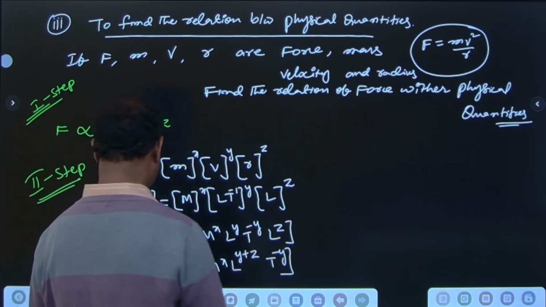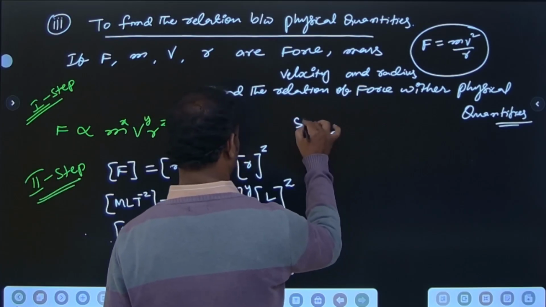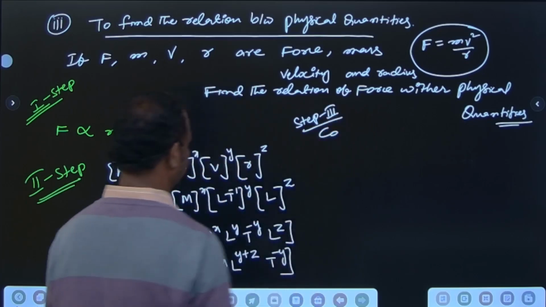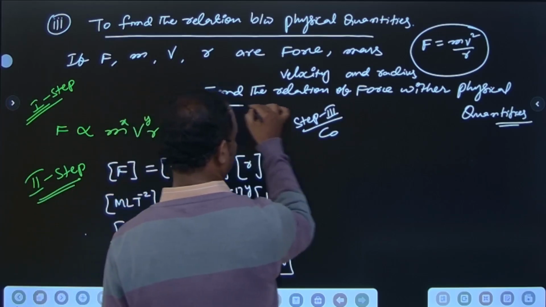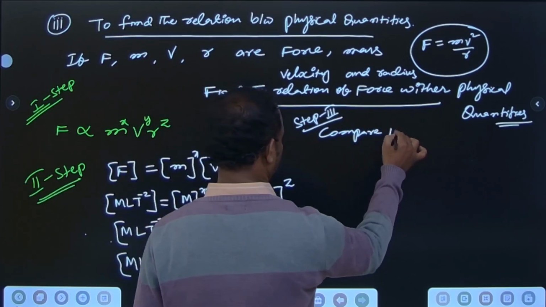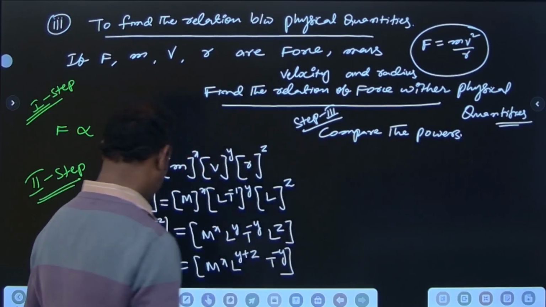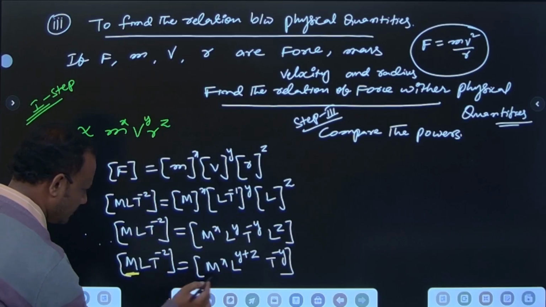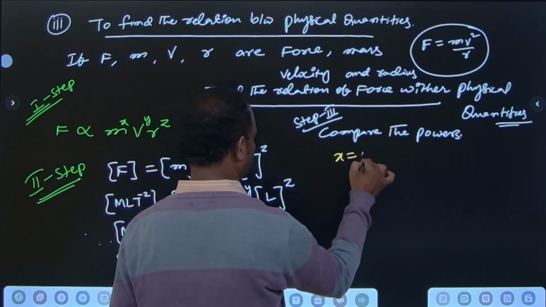Now compare the powers. Step 3: compare the powers. First, M: the power is 1, so x equals 1. Equation 1.